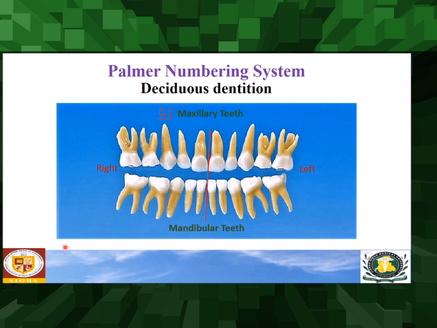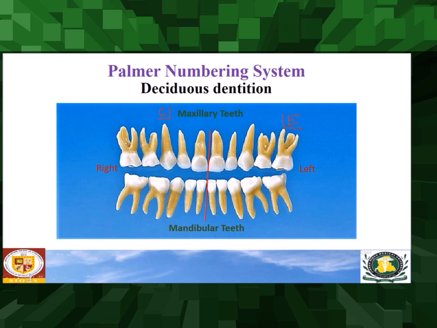So for these teeth, we use A, B, C, D and E. So we will write E over here in capital letters together with a symbol, and this symbol indicates the maxillary arch of the left side.